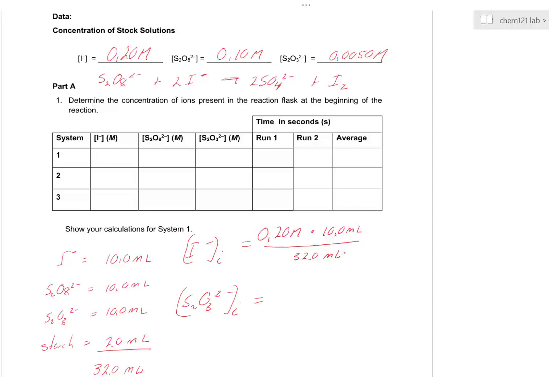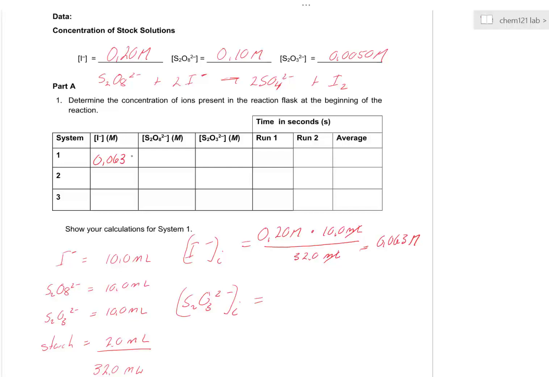But because both of these volumes are in milliliters, the milliliters will cancel and we will end up with units of concentration in molar. When you do this calculation, it comes to 0.063 molar. That's the initial concentration of the iodide in the reaction beaker before the reaction started.